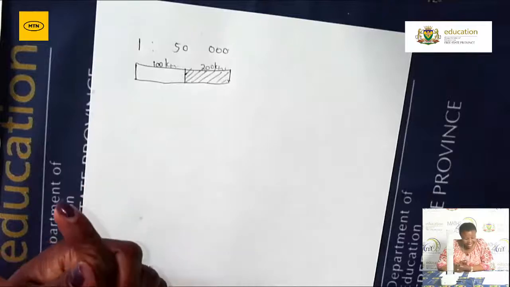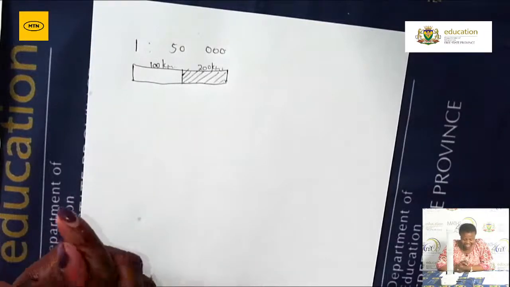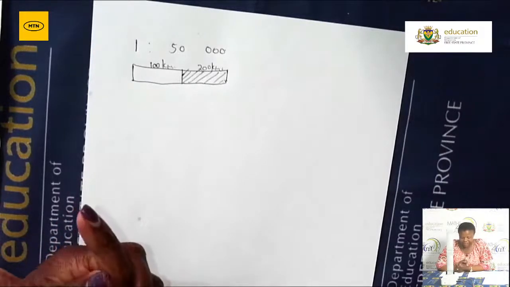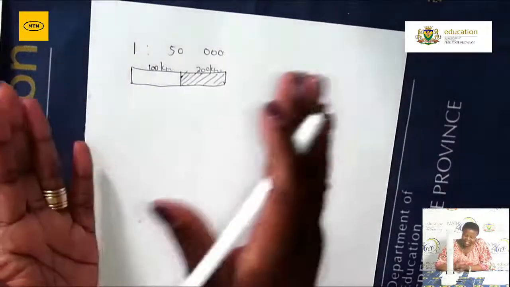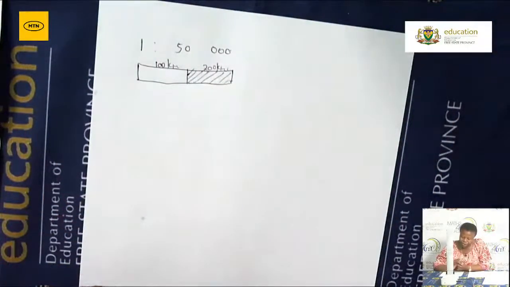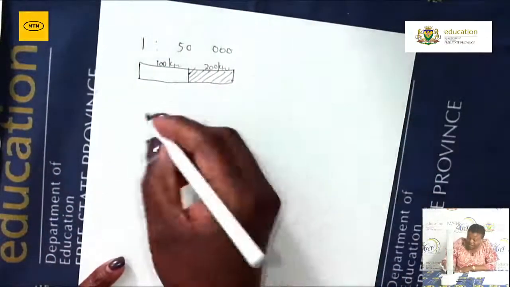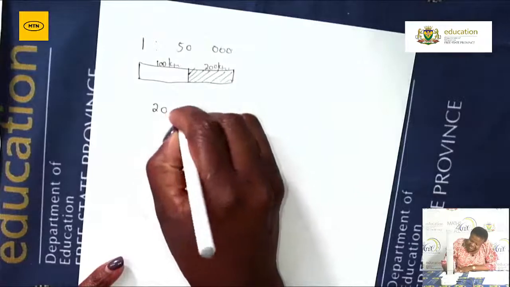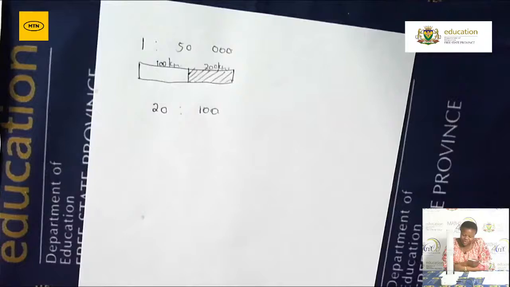And then sometimes with the scales that we are given, you will be given information where you are supposed to write it in unit ratio. Let's say, for example, when you do your responses, you find that you are given information in the form of 20:100, and then you are expected to write it in unit form.